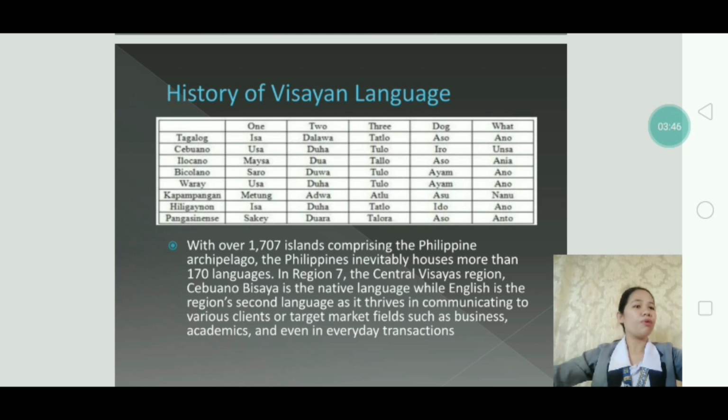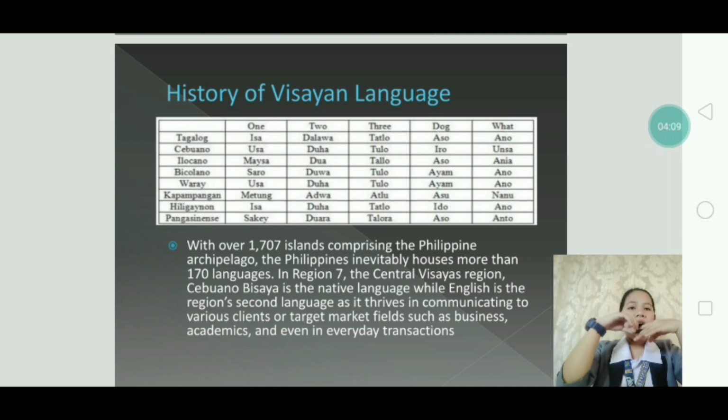Before we go deep down into the roots of this topic, I want you to observe the table. Okay, the Tagalog, Cebuano, Ilocano, Bicolano, Waray, Kapampangan, Hiligaynon, and Pangasinan.